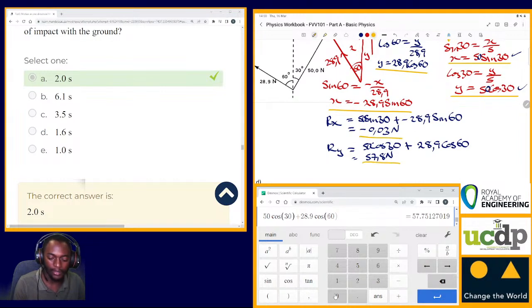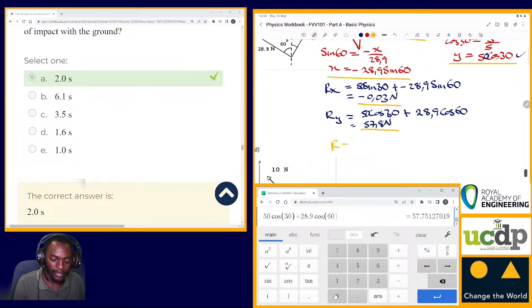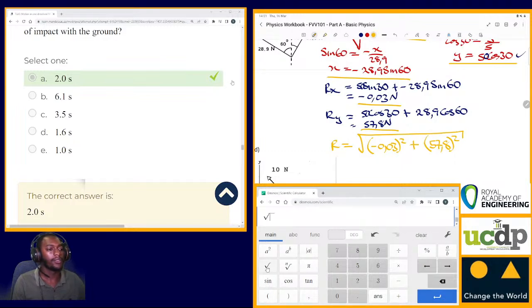What's remaining is to find the resultant. R equals the square root of negative 0.03 all squared plus 57.8 squared. We still get 57.8 as our resultant. Okay.